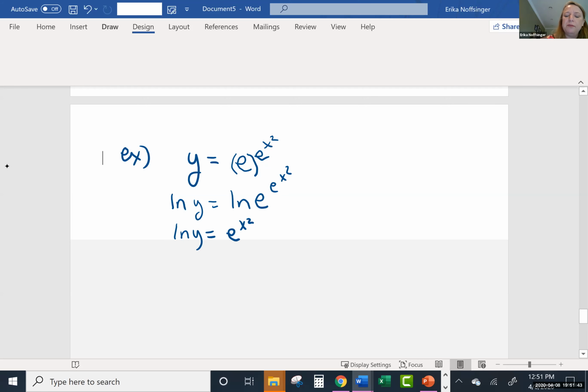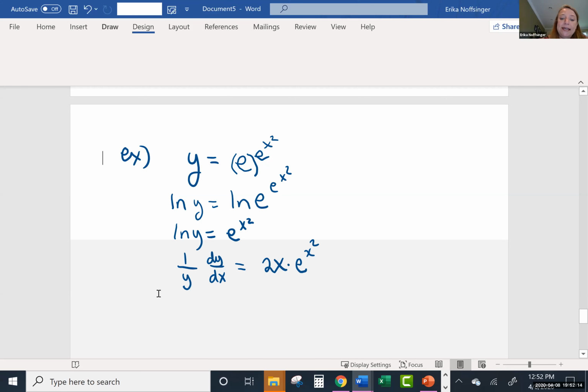Implicit differentiation of natural log of y is 1 over y times the derivative of y, but y is with respect to x, so dy/dx equals, again, derivative of e to a power is the derivative of the exponent, so derivative of x squared is 2x, times the original e function itself, e to the x squared.